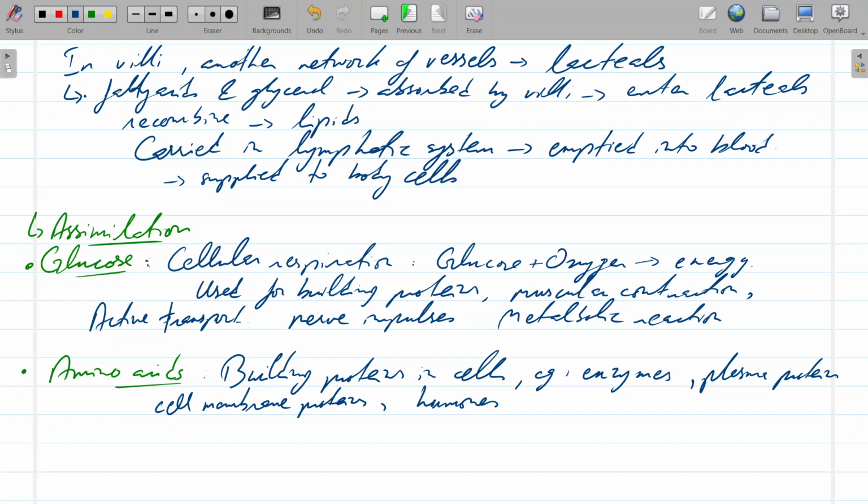And in some cases, amino acids are converted to glycogen. And this happens when they are in excess, so more than the body requires. And glycogen is the storage carbohydrate in the human body. And then they are later again utilized for respiration.